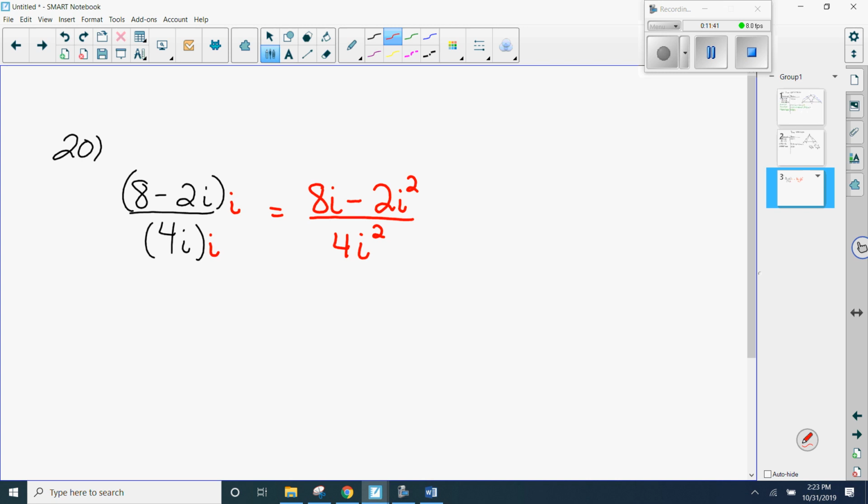What is i squared the same thing as? -1. So I'm going to show a little bit of work. I'm going to write it down just so some of us can see it. Okay, so that simplifies into 8i plus 2 over -4.